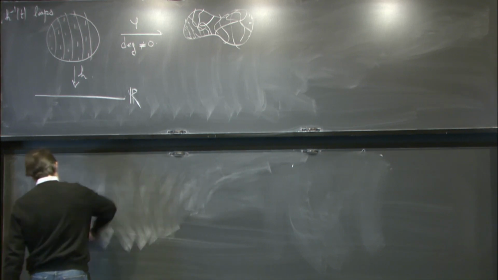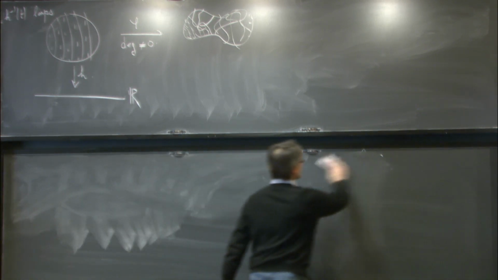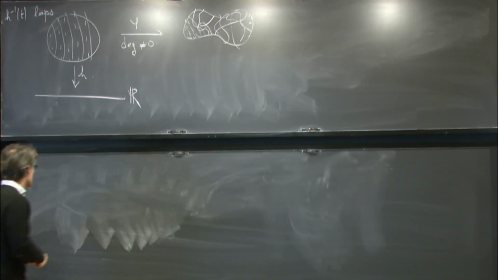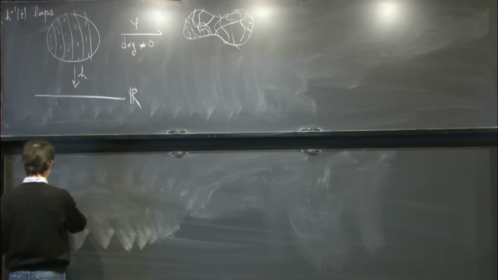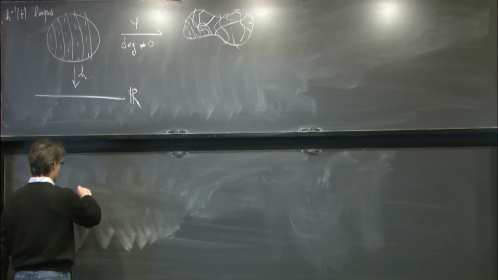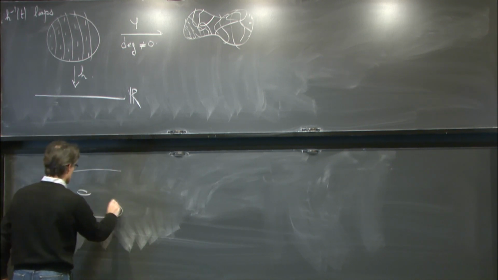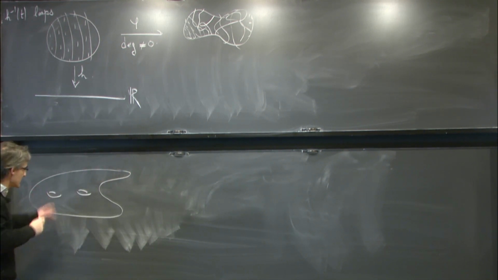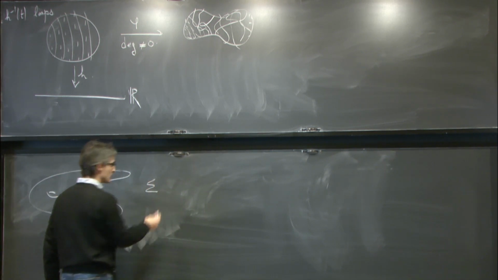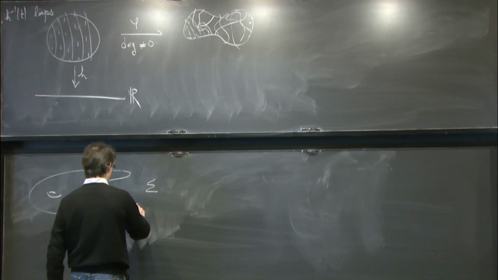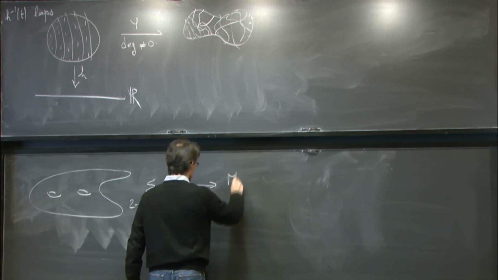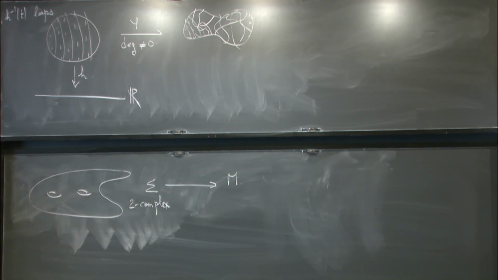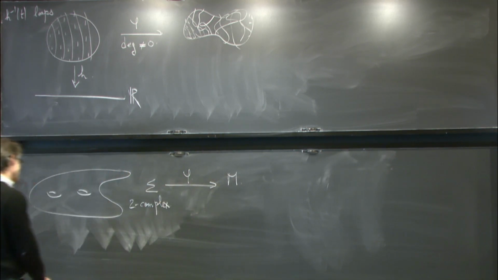Anyway, so one way to give you more room is to consider, say, you fix a surface, maybe even more general, like a two-complex, and you map it to your manifold, and okay, so that's a map like that.